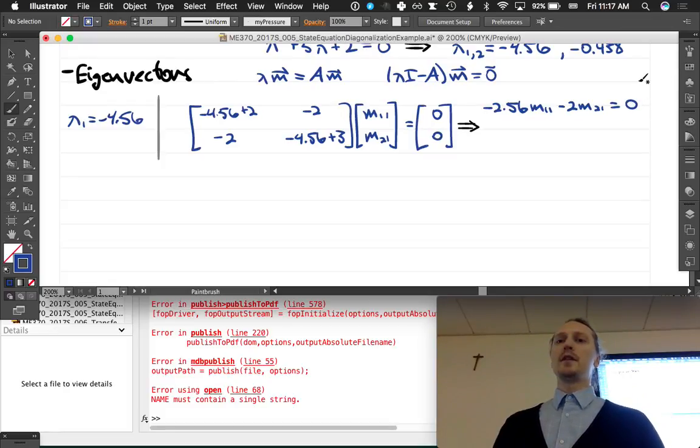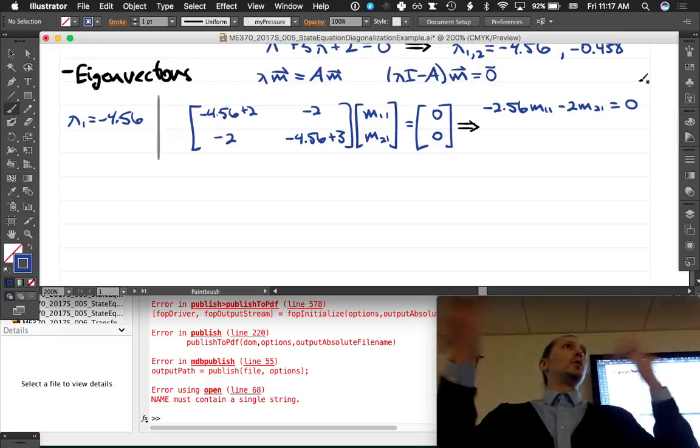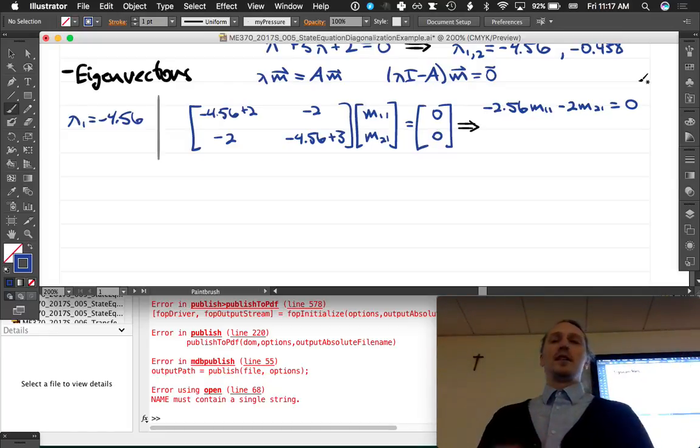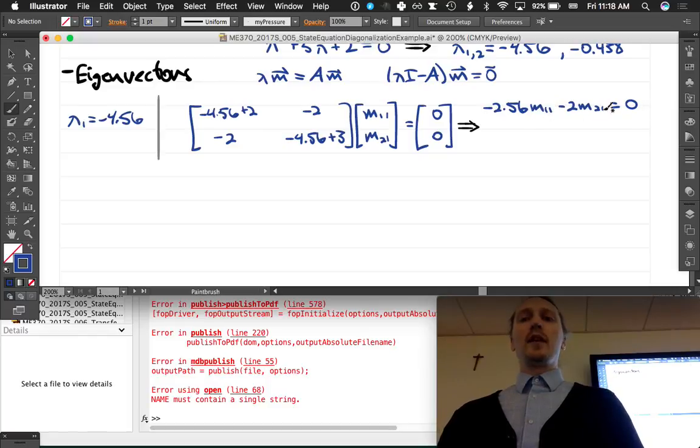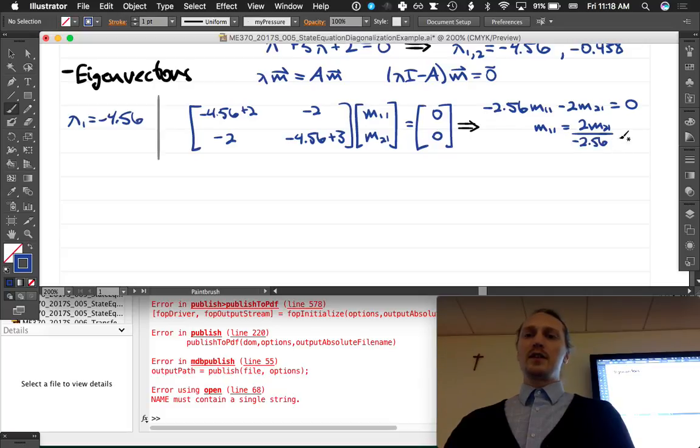So that's my first equation. I can't solve this uniquely, right? But I can solve for how these two variables are related to each other. And from this, solving for m11, we can see that 2 m21 divided by negative 2.56 is equal to m11. I just solved this for m11.